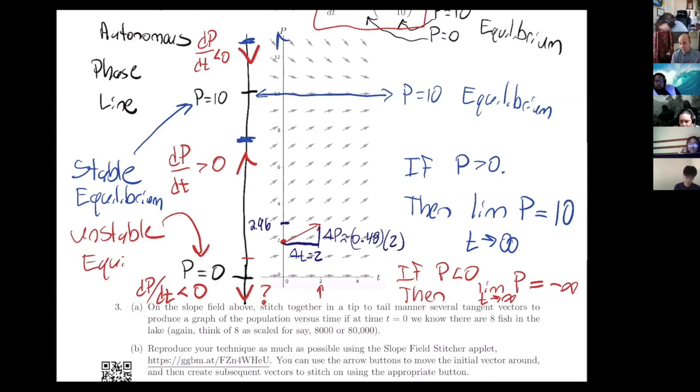So the rate of change in year 0 really isn't going to be a great predictor for the rate of change 10 years from now. So this tail to tip method says, okay, pick a small value for delta T. And we can kind of argue whether delta T equals 2 is small enough. Probably not. But we could think about this method and then just reapply it with smaller values of delta T.